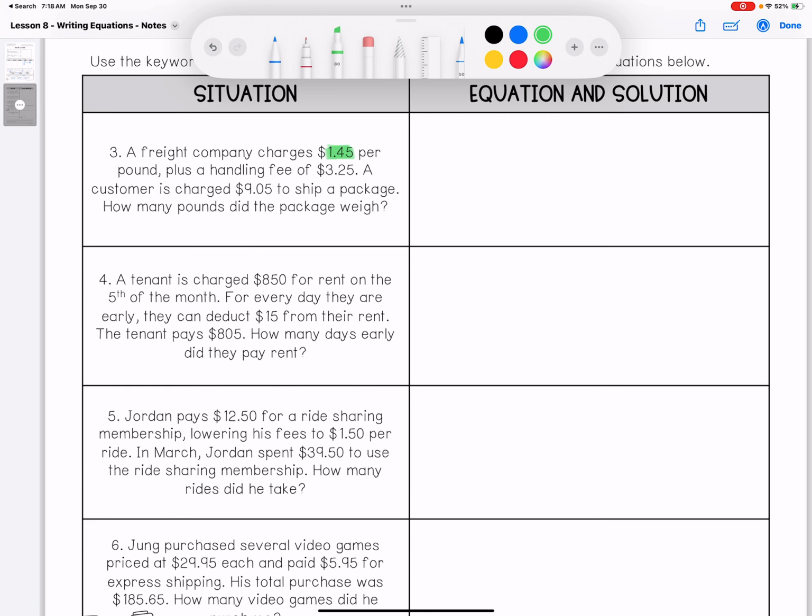That's one thing I'm going to use. Plus, I think there's a plus there. Keyword. We're going to add something to that. $3.25. So it's $1.45 times something plus $3.25.